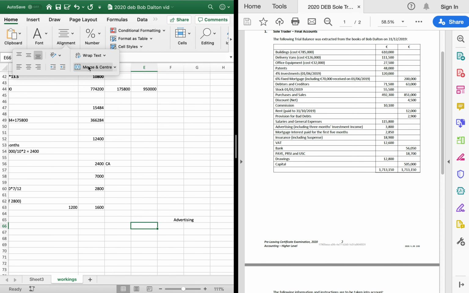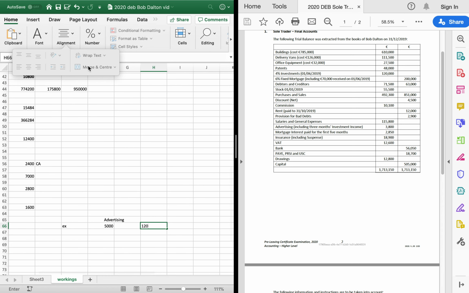So advertising is in effect 5,000, right? I'll show you why. Expenses have debit balances. If they've included the investment income in it, they've put 1,200 on the credit side. So when they balance it, it balances at 3,800. So for the advertising, the correct figure is the exact same as the patents. To get rid of it, you have to add it on. So it's going to be 3,800 plus 1,200.